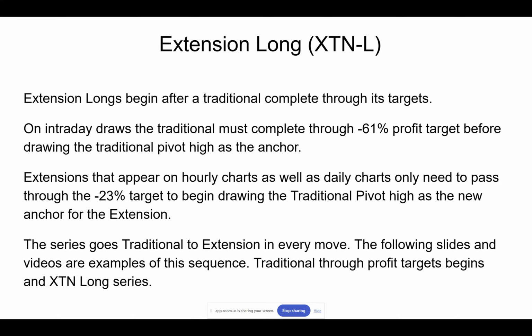You're only going to have an intraday ES target of, let's say, 25 points. Sometimes a little bigger if the ranges are big, but you could have a higher time frame halfway back where the negative 23% target is, let's say, 70 points in the ES. So that extension is going to be a little different than an intraday one.